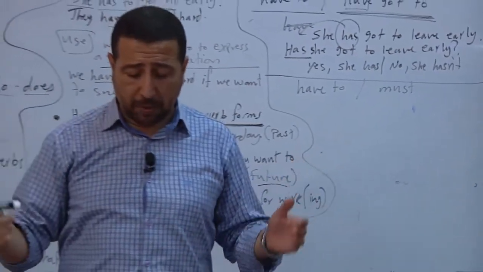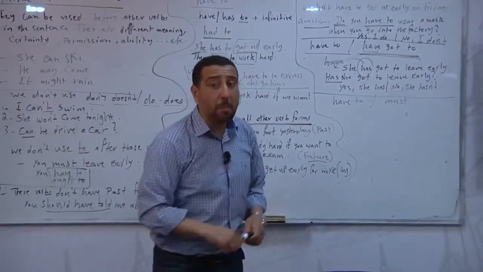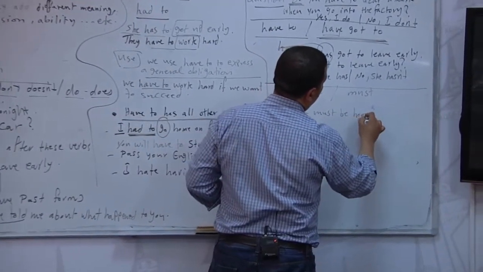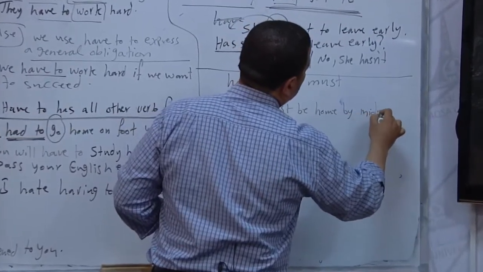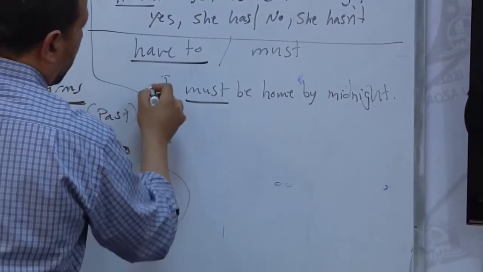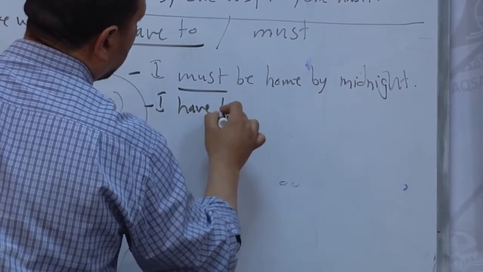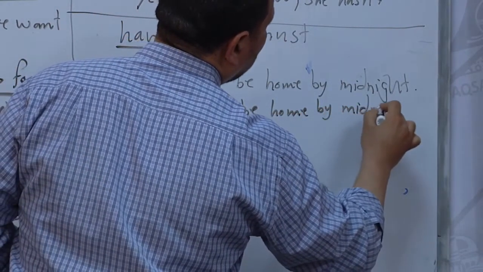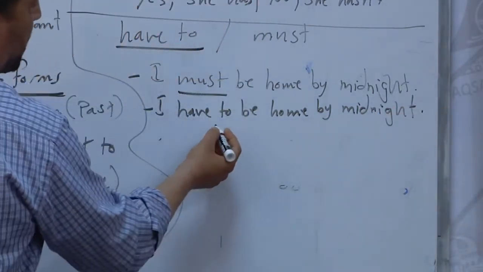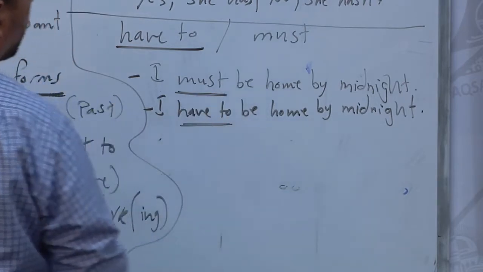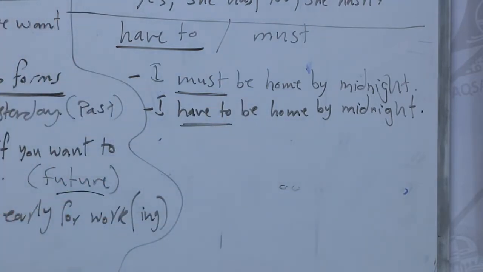We can say, for example, I must be home by midnight, or I have to be home by midnight. We can notice that must and have to can be used interchangeably. They express obligation.